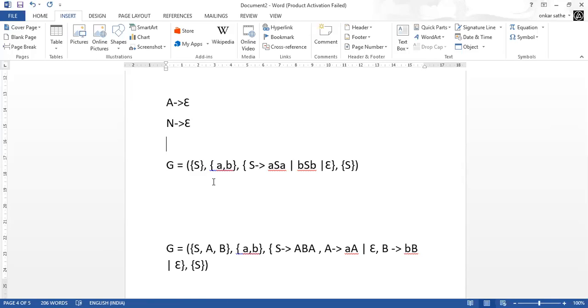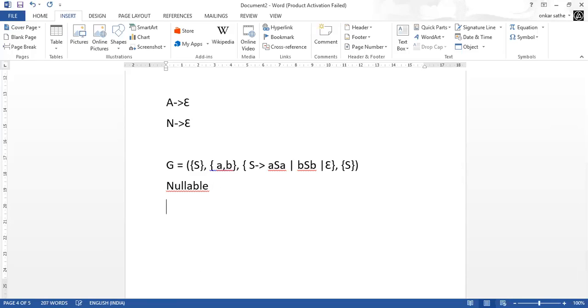Now let us start with one example. Here let us see G equal to S, set of non-terminals, A comma B, set of terminals, and S gives ASA, BSB, epsilon. These are the set of productions and S is the start symbol. Now the first step is we have to find out nullable non-terminals. Non-terminals are nullable if there is a production of the form N gives epsilon.